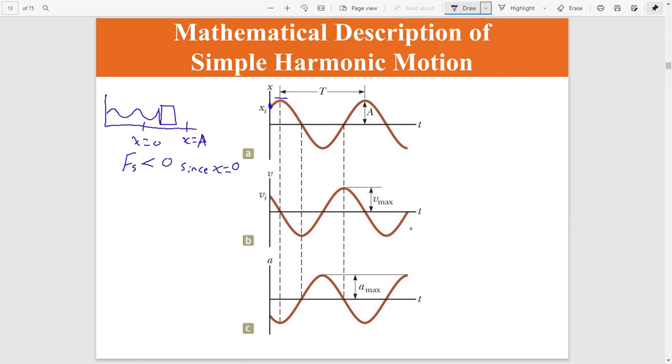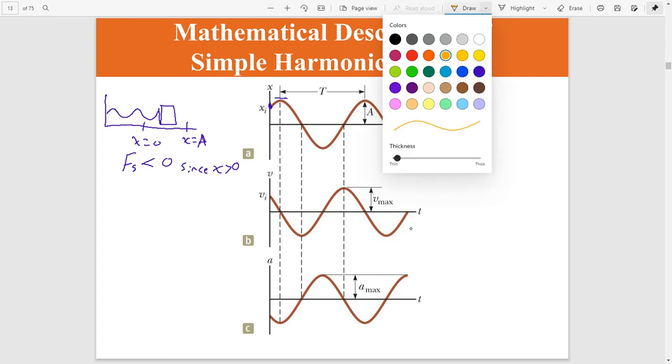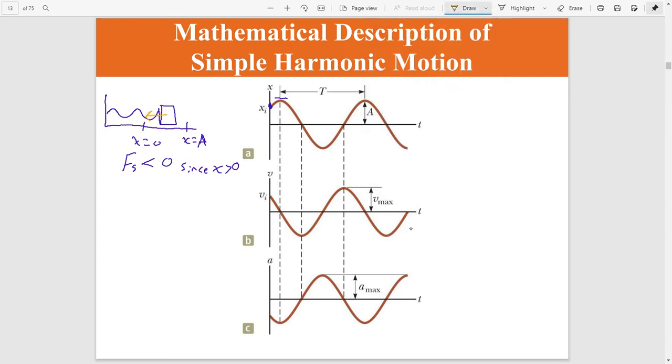So for a positive x, the restoring force is negative. If we had to draw the restoring force, we'd see that it's pushing this way. And likewise, by Newton's second law, that's proportional to the acceleration, so we expect acceleration to be pointing left, which is negative.